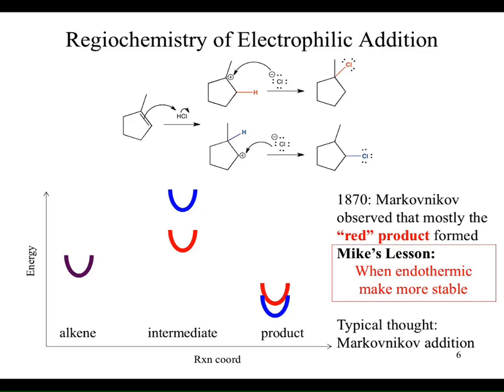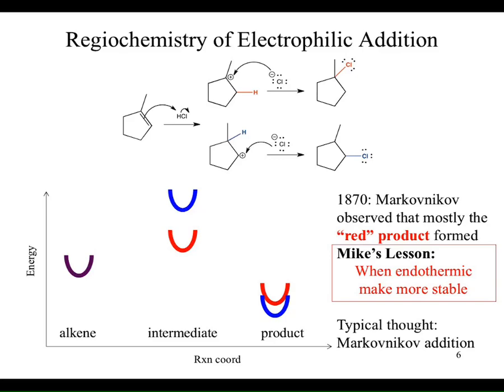Okay? All that's saying is that the red one's formed. That's all Markovnikov could do. Make the red one. That was it. And we've now memorized that as a rule. It's not a hard and fast rule. There are exceptions. So we do have to take into other considerations that require a structural understanding. So let's just stick with the structural understanding.